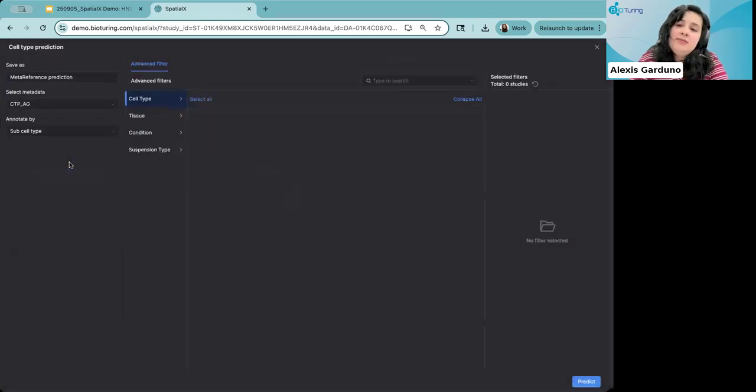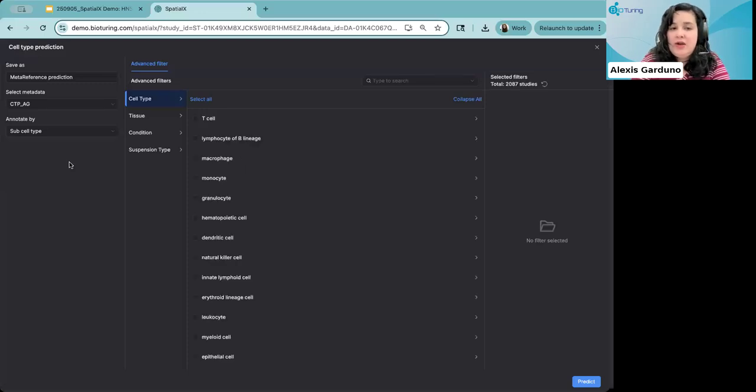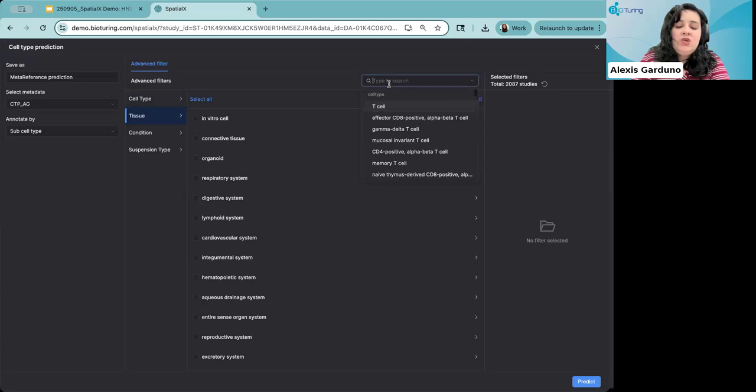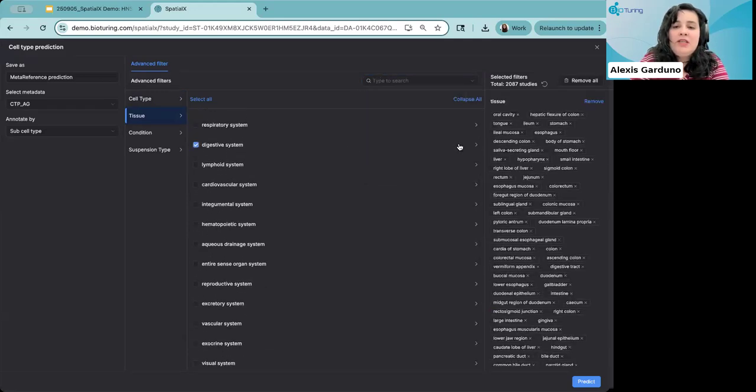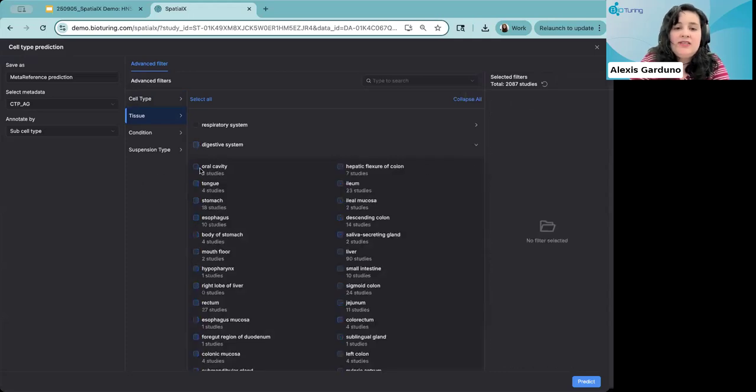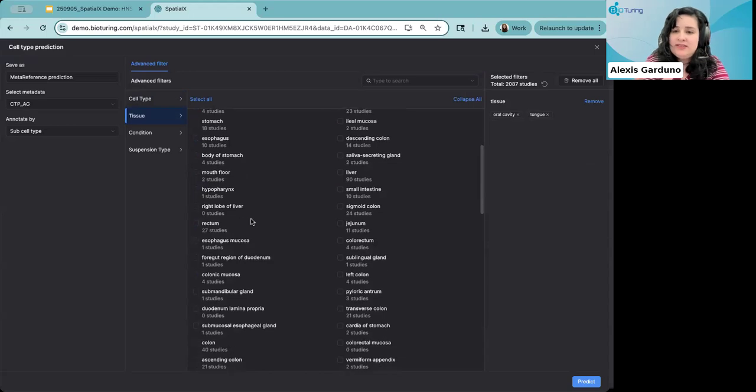You can also customize the reference model, which makes it more specific to the data that you're working with. So for example, in this case, this is a head and neck squamous cell carcinoma. So I can add regions or specific ontologies that are specific to the analysis I want to perform. For example, this relates to tumors that are normally in the oral cavity, and there are different areas that you can add as well because this tumor might extend to different regions, including regions closer to the esophagus.